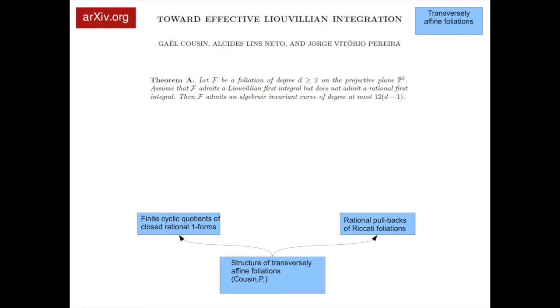Either it's the pullback of a Riccati foliation under a rational map, or it's a quotient of a foliation defined by a closed rational one-form under a finite cyclic group.